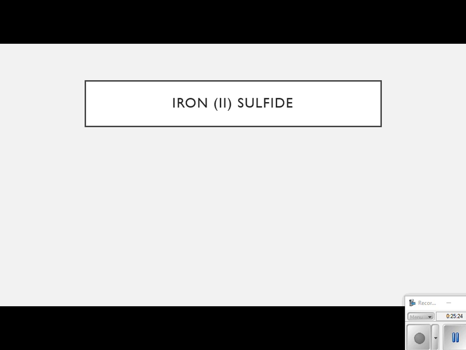We're going to do a lab later this week in which we identify whether we have iron 2 or iron 3. But this Roman numeral is telling me that I am dealing with iron 2. So I have Fe 2 plus.